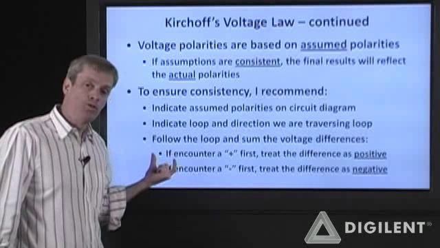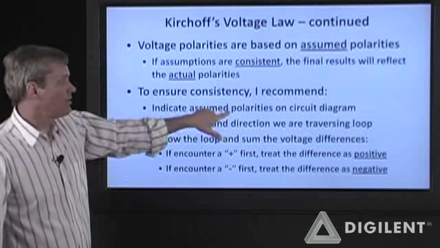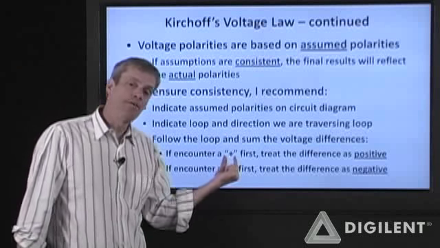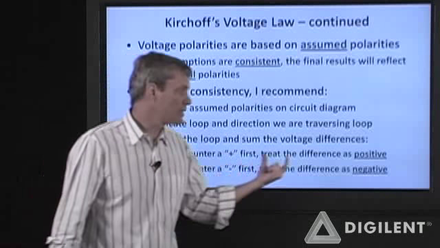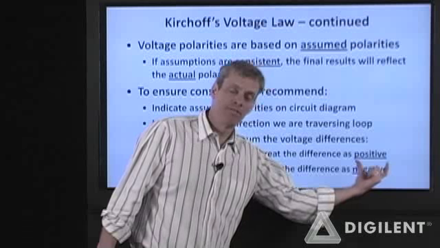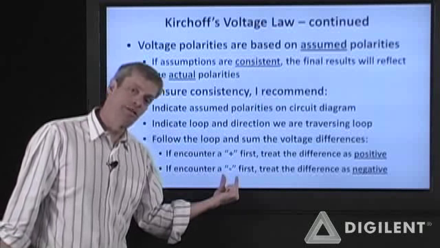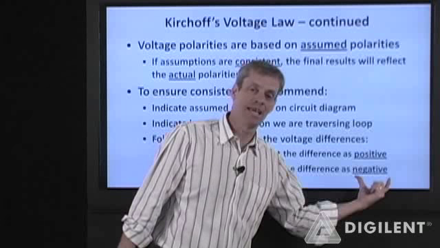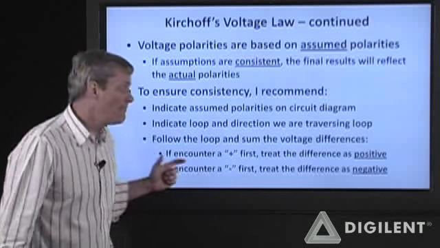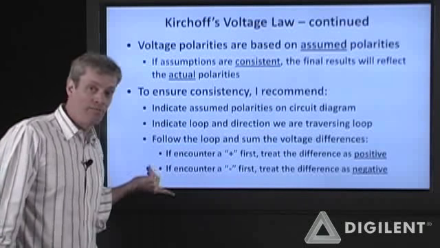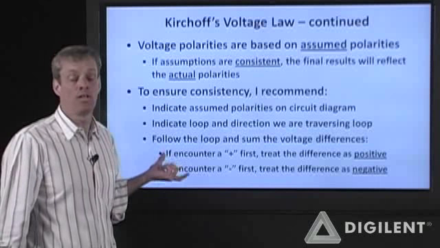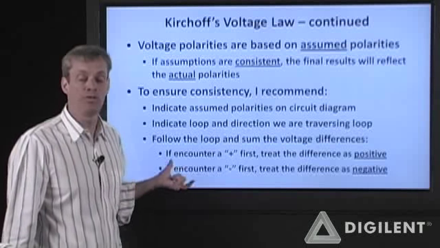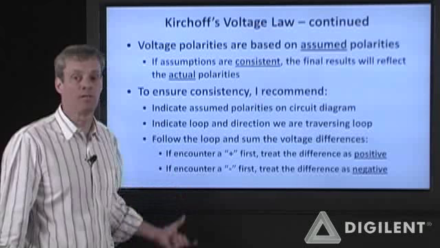As you follow the loop around, on your assumed polarities, if you encounter a plus sign first, treat that voltage difference as positive. If you encounter a negative sign first, treat that voltage difference as being negative. If you want to do exactly the opposite of this, that's fine with me. As long as you're consistent about what you do, you should end up with the same result.